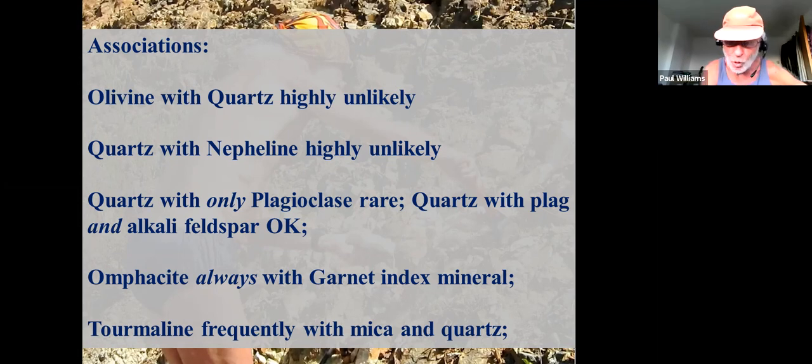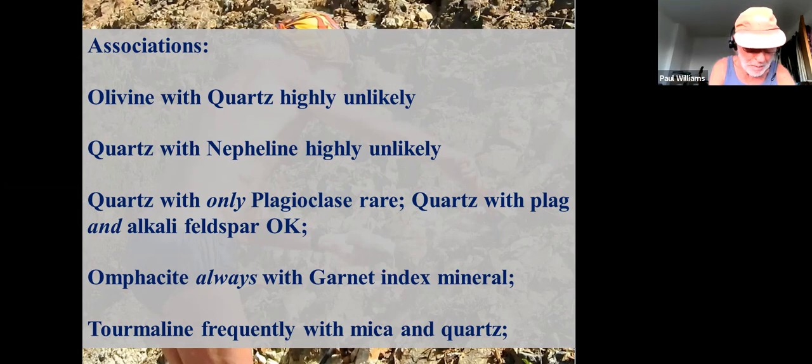However, you can have quartz with both plagioclase and alkali feldspar. That's fine. And indeed, we've looked at a few examples of what are broadly speaking called granites, but you remember they're not actually granites. Rocks with quartz, alkali feldspar, and plagioclase feldspar. So that's perfectly okay.